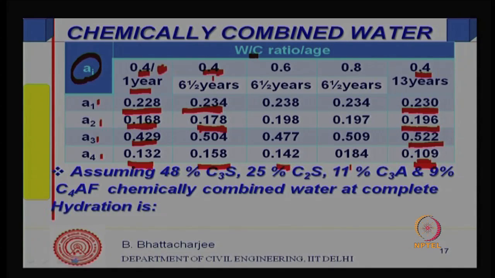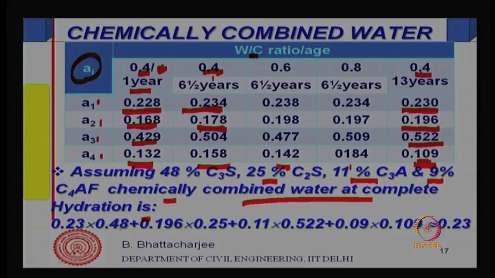Now, supposing I assume 48% C3S, 25% C2S, 11% C3A and 9% C4AF, chemically combined water at complete hydration is given by this formula: 0.23 into 0.48, because 48% is C3S, 0.25 into 0.196, and 11% C3A. Approximately, this value comes out to be 0.23.